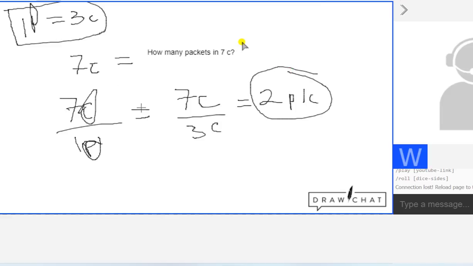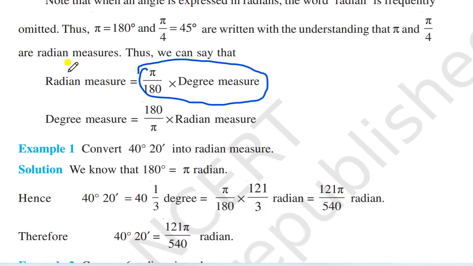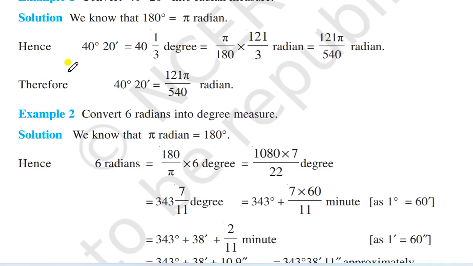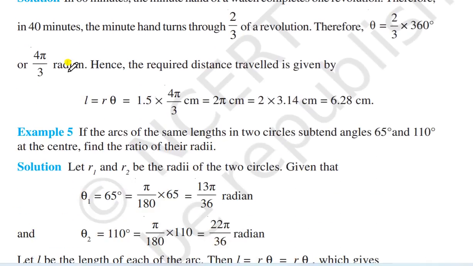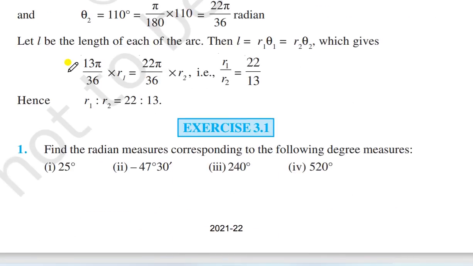Simple as that. I'd suggest you listen to this part again. I explained it really slowly at the end. If you listen to it again, it will make more sense, and then these examples will be very easy for you.